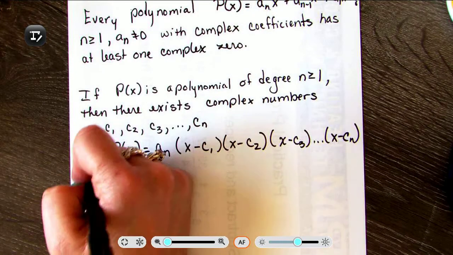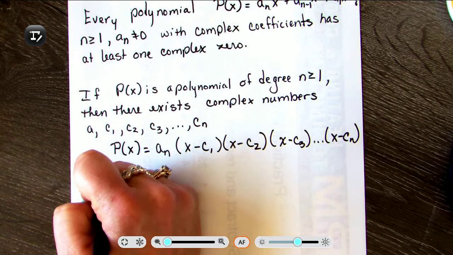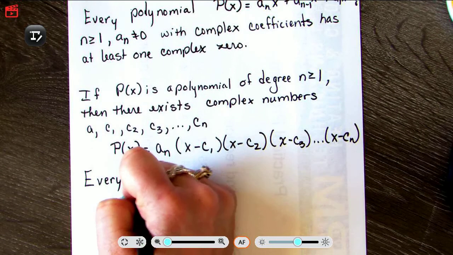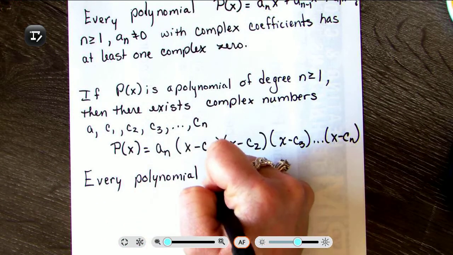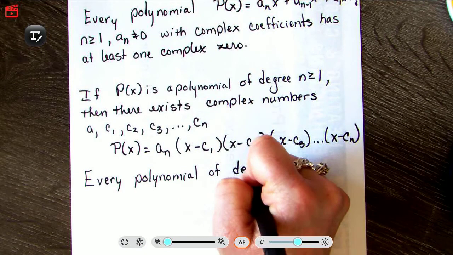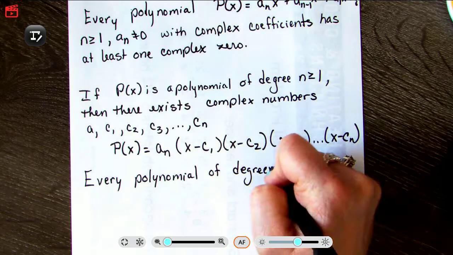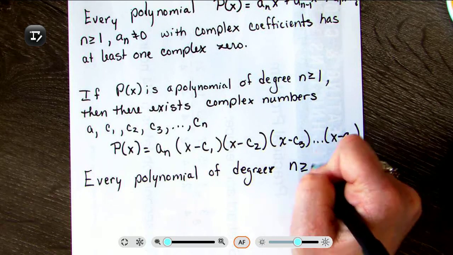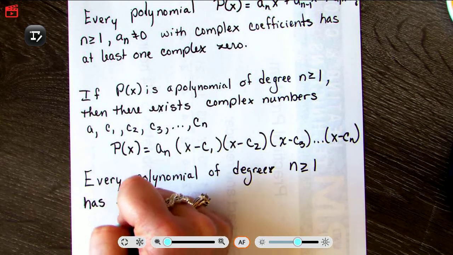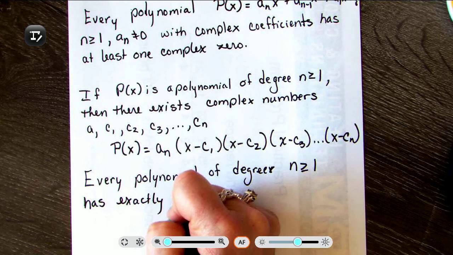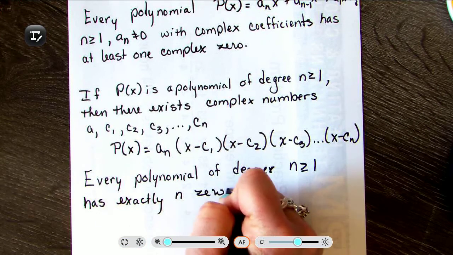Okay, some more information. Every polynomial of degree n greater than or equal to 1 has exactly n zeros.